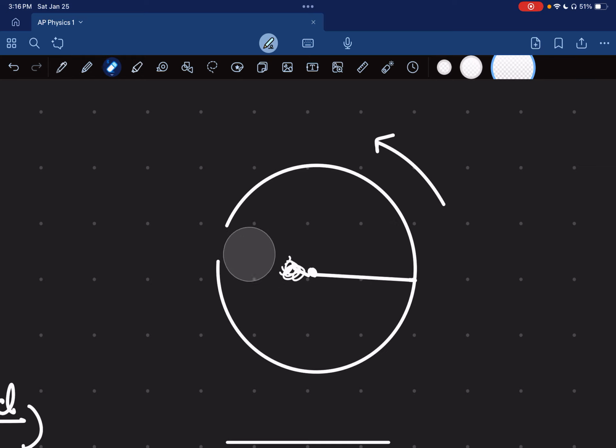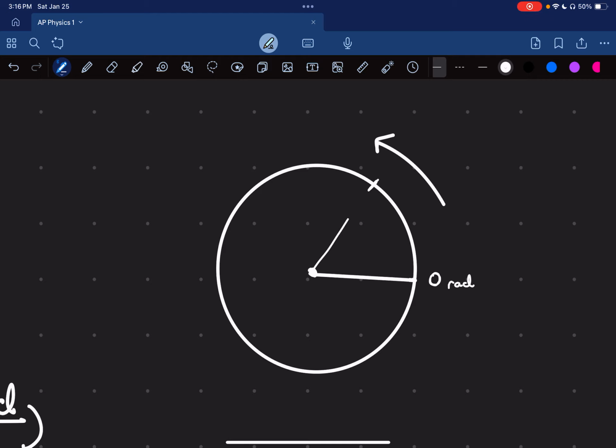So again, if this is 0, which oftentimes we'll start at just 0 radians, it's just like a starting point. And 1 radian is about right here. So if you drew a line to about right there.